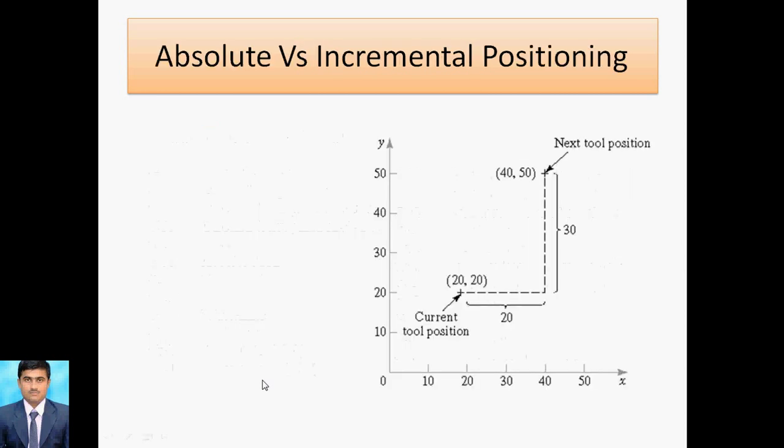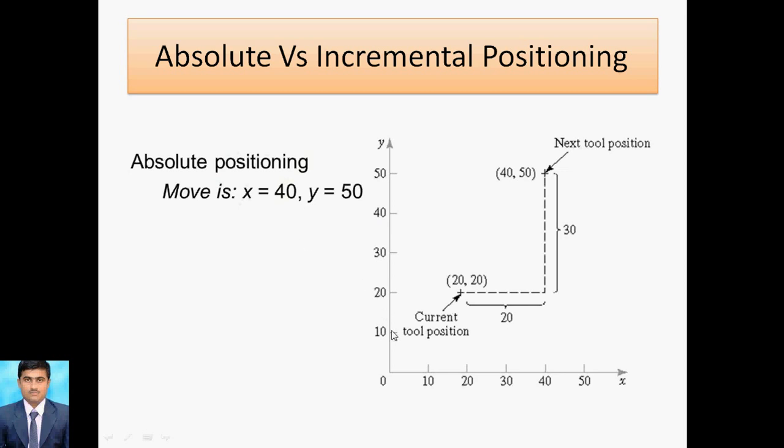Now we move to absolute versus incremental positioning. While defining the first one, absolute positioning, this is the current position, and if you define the next tool position, how can you write it? As X40, so here 0 to 40, because we have to take the reference value, that's why I write X40 and Y50.